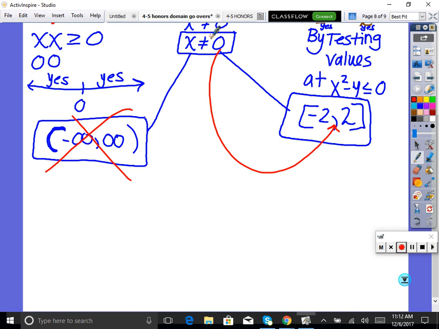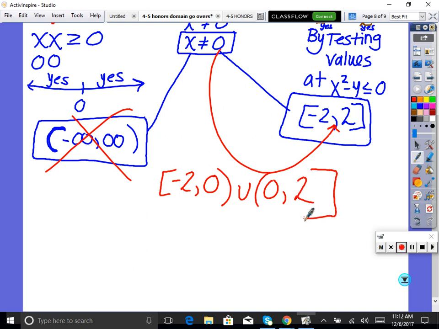It can't be 0, so we've got to connect this domain together. So isn't it true that the lowest value we can have is negative 2? Then we're going up to 0, but it can't be 0. Union, then from 0 we start again and go up to our greatest value of 2. And there's your final domain.